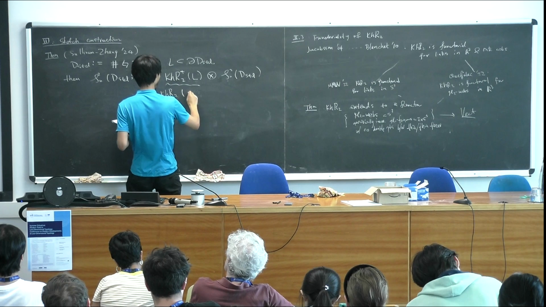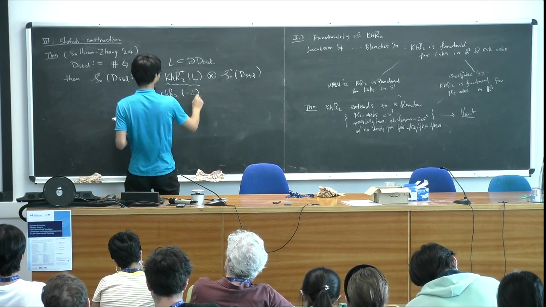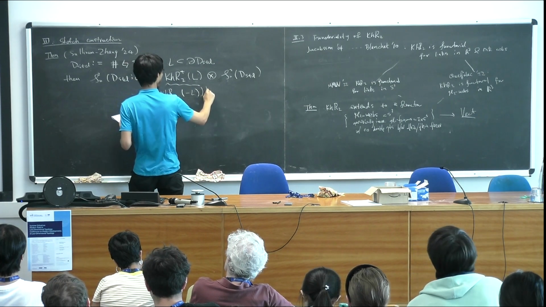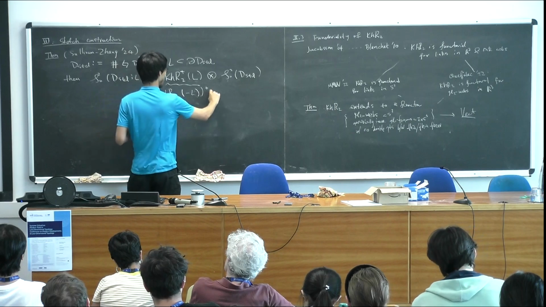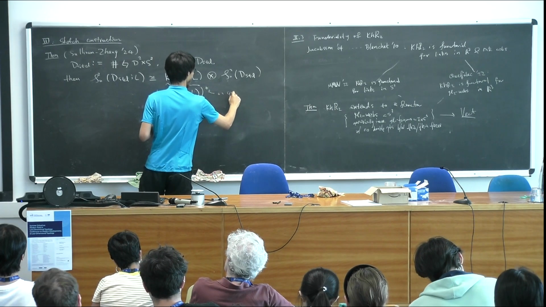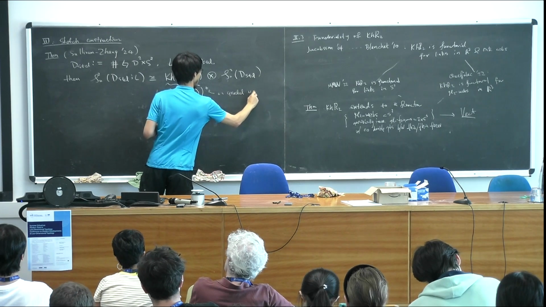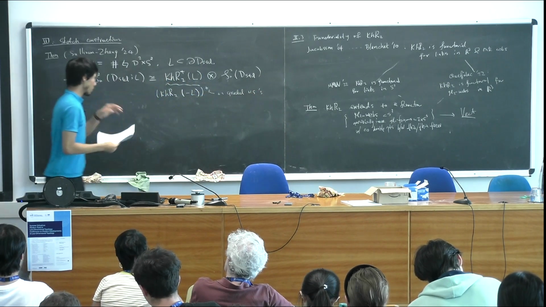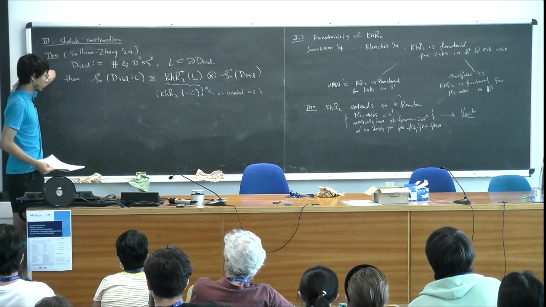So it's actually Rozansky-Vonis of the mirror, and then take dual, where this dual is taken as graded vector spaces. Not so important for the purpose of this talk.